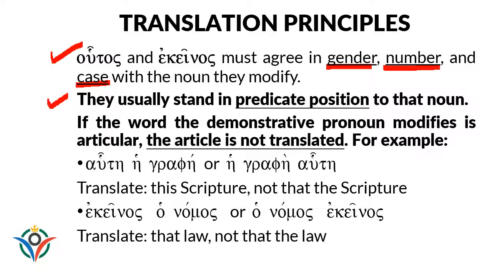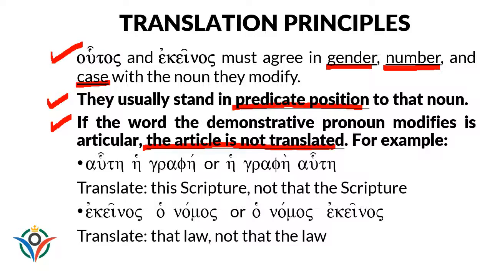The second principle is that demonstrative pronouns usually stand in the predicate position to the nouns that they are modifying. And then the third principle, if the demonstrative pronoun modifies is articular, in other words, it has an article in front of it, then when it comes to our English translation, the article is not translated.